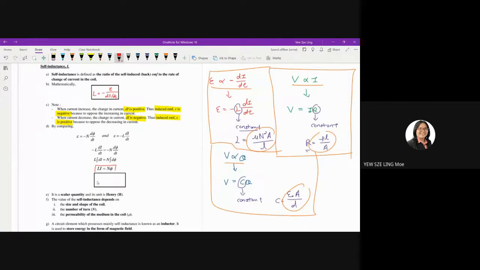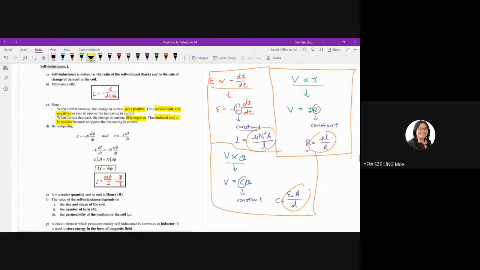Rearranging, L equals N flux over I. N flux at the same time represents magnetic flux linkage. Therefore, it could be capital phi over I.